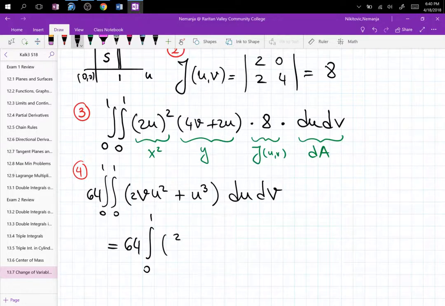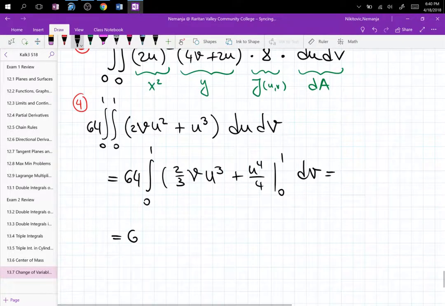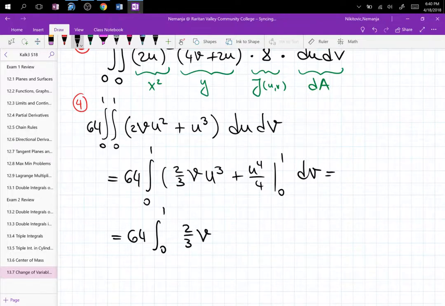We have 2/3 vu cubed plus u to the 4 over 4, computed from 0 to 1, and we still have dv. That's 64 integral 0 to 1. When I plug in 1 for u, I get 2/3 v plus 1/4, everything dv.